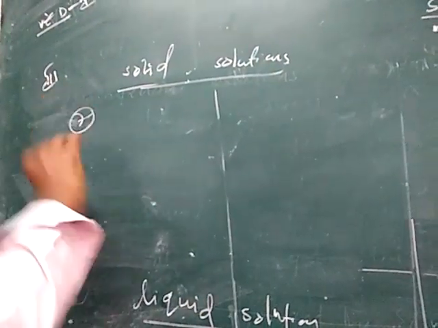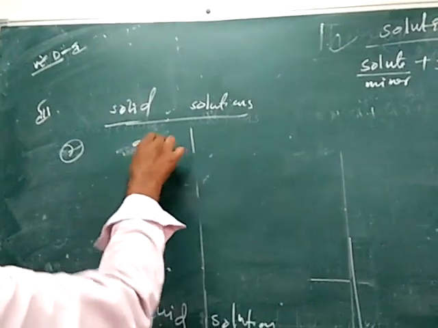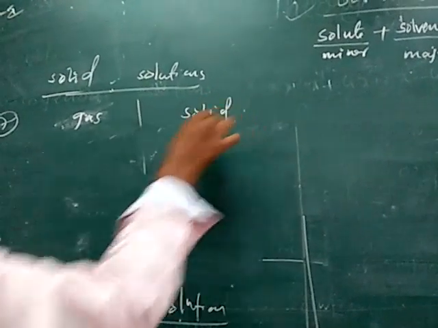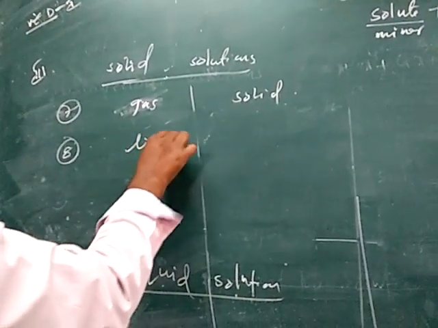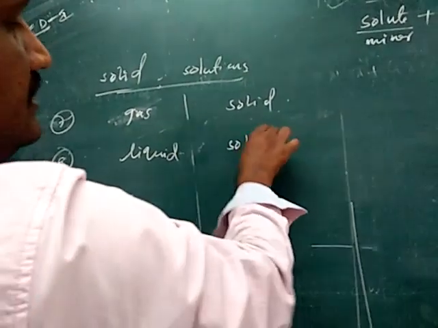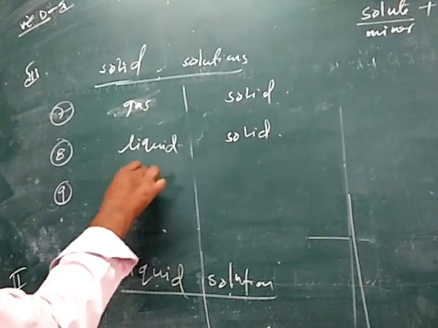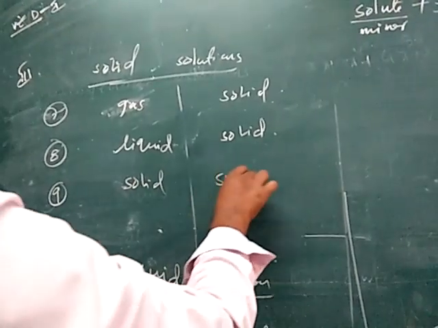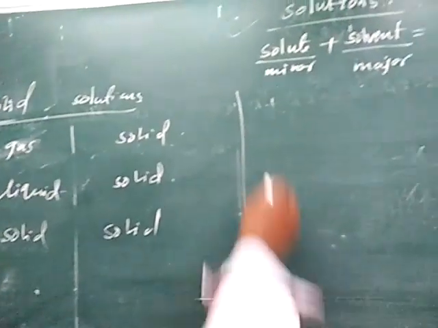Next, the 7th one, gas in solid. The 8th, liquid in solid. And the 9th, solid in solid. These are the solid type solutions.